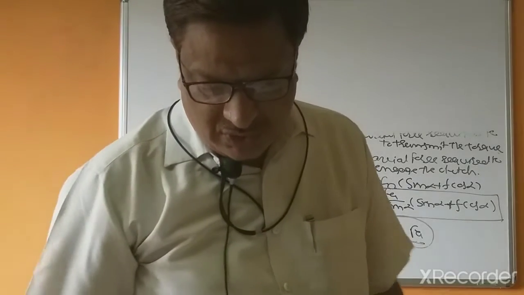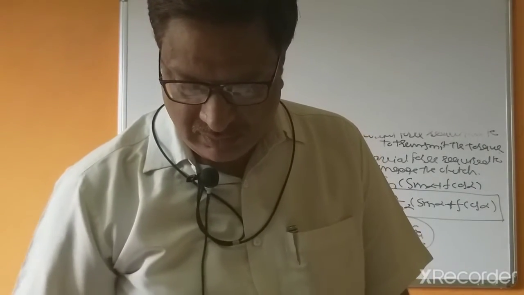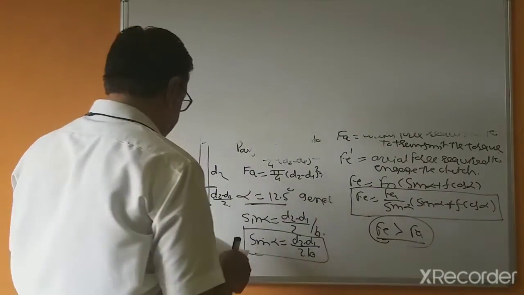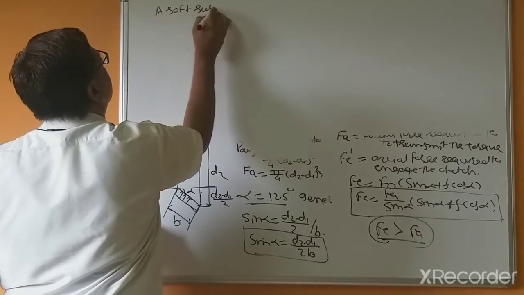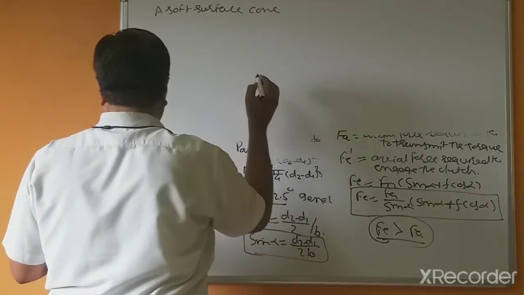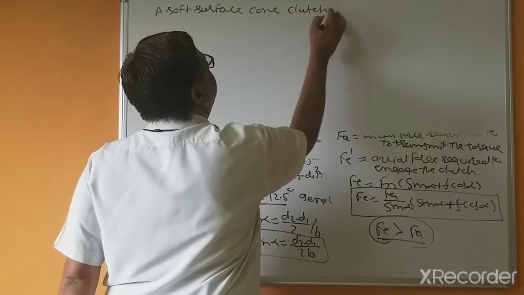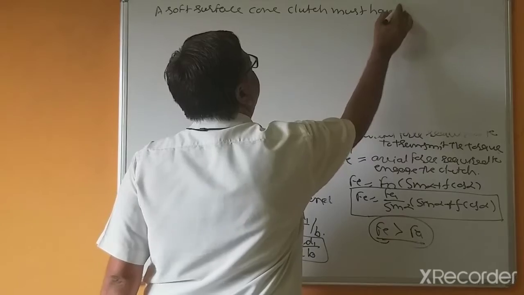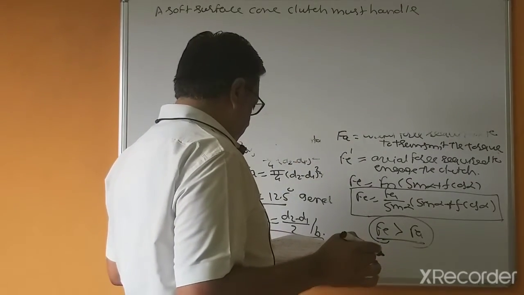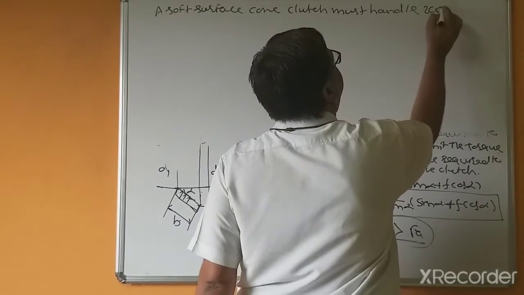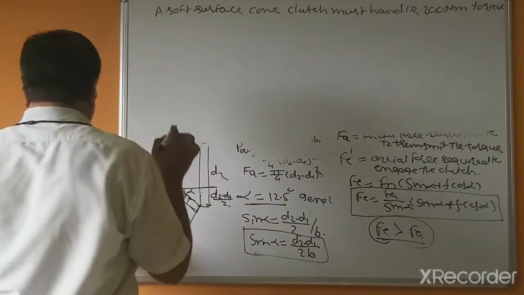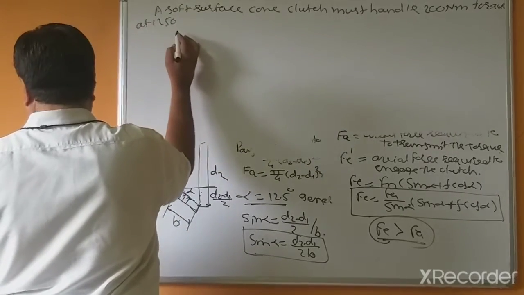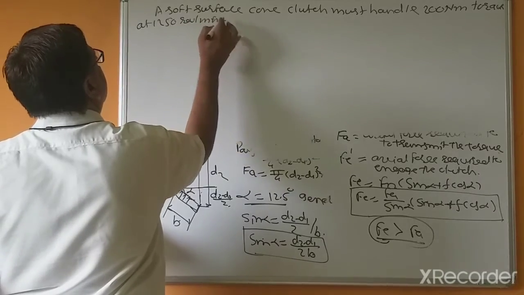So please note down today's first problem. A soft surface cone clutch must handle 200 Newton meter torque at revolution per minute.